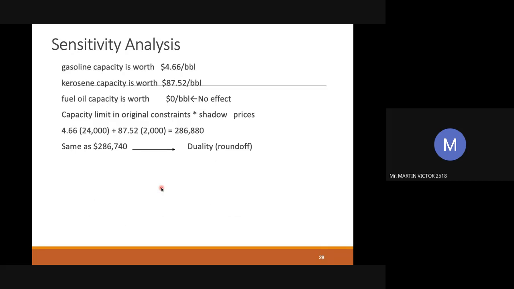If there is any change in the coefficient, based upon the profit or the loss, or any change in the resources, whether the resources have been increased or decreased, we can do this analysis.